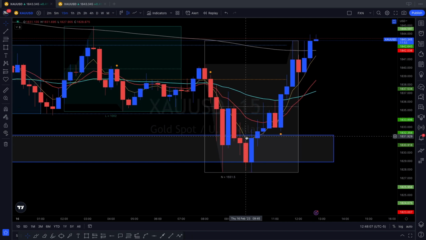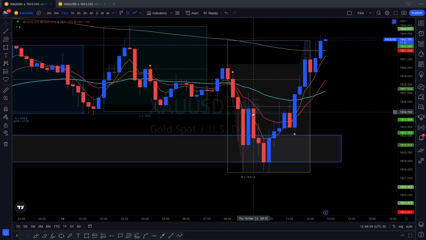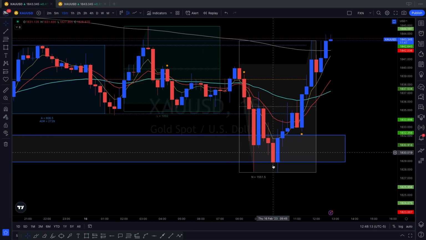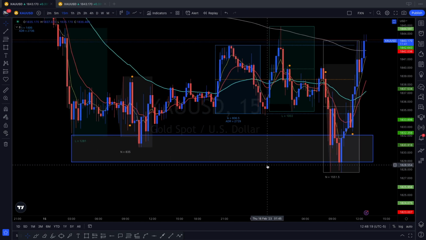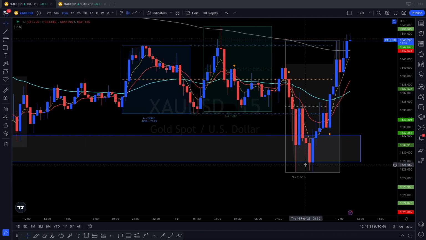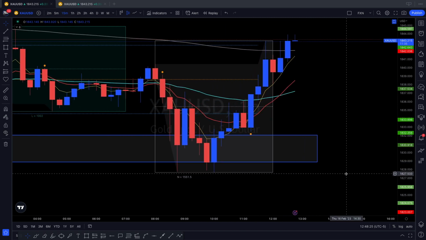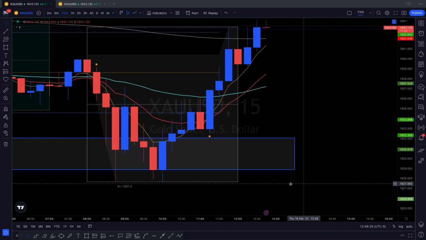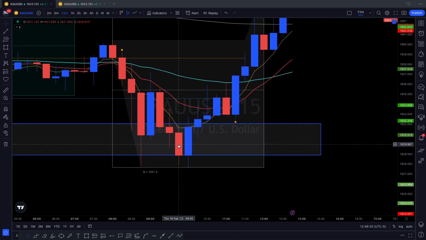But I'm looking for a second leg. So here we come back down again, and you can see we actually go deeper into that wick on the second leg. Most importantly for me is that we go back again, grab more orders, and now on the second leg, we end up getting these 2 candles.